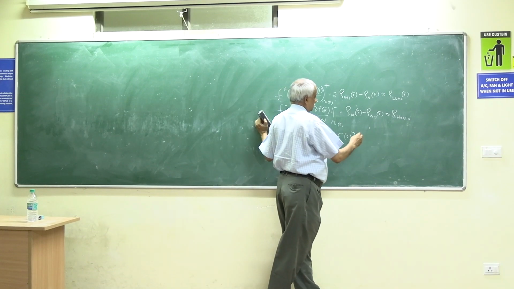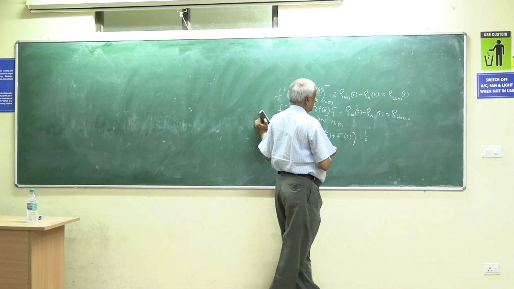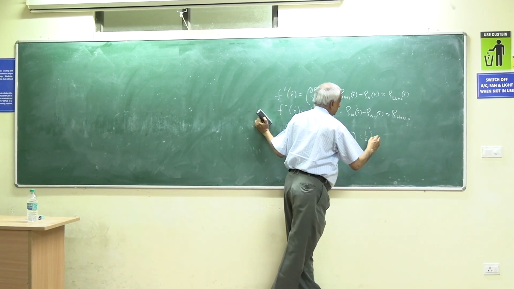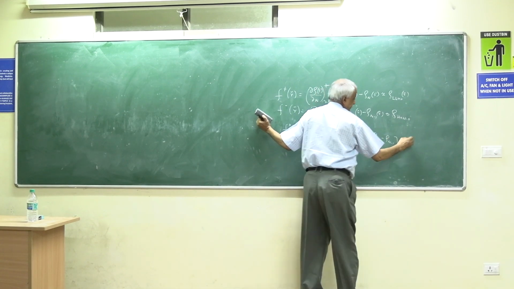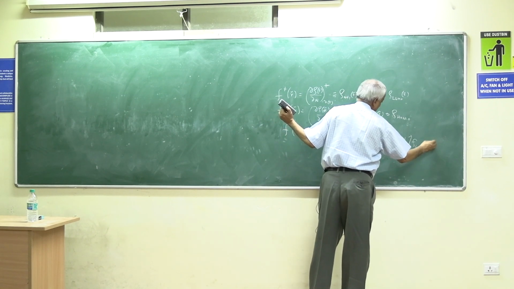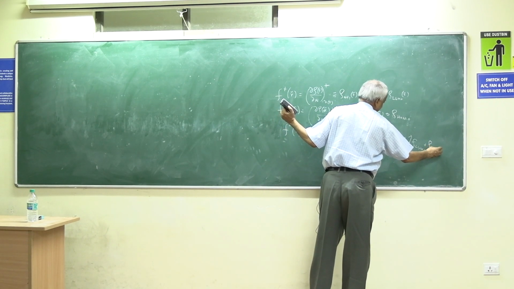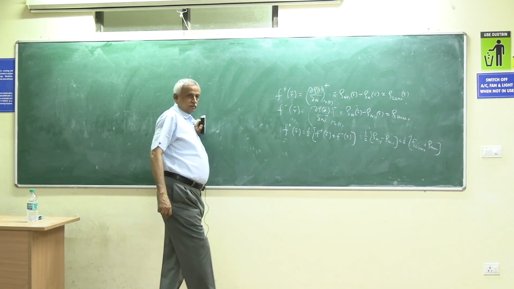If you add these two, it should be half of rho N plus 1 minus rho N minus 1, so this is half of rho LUMO plus rho HOMO. So this is for your radical attack.